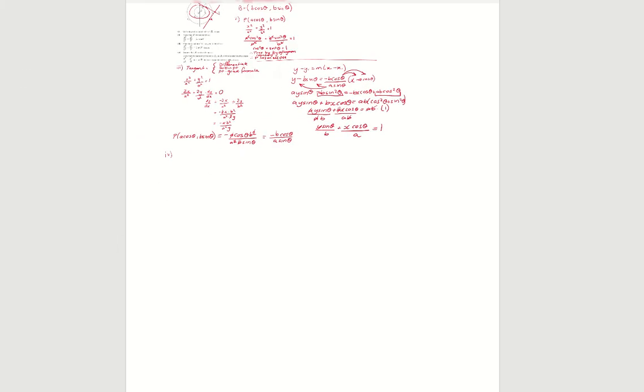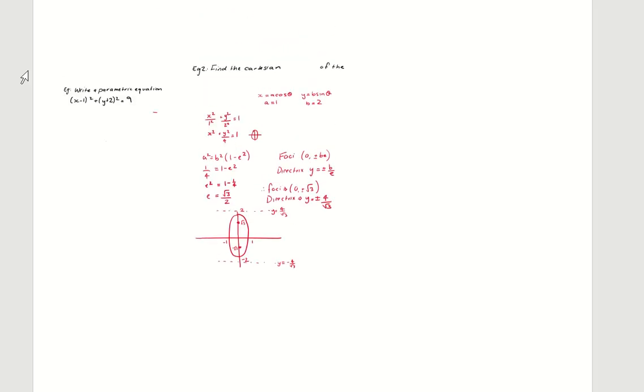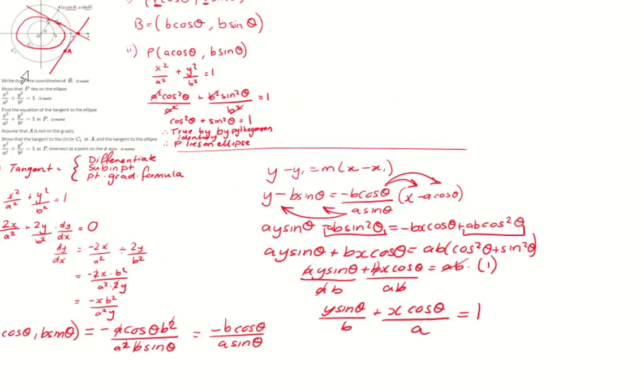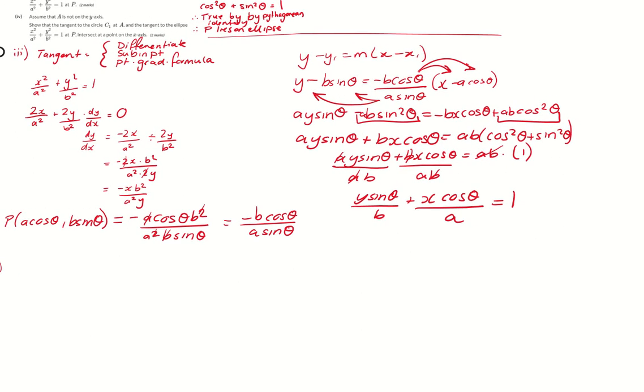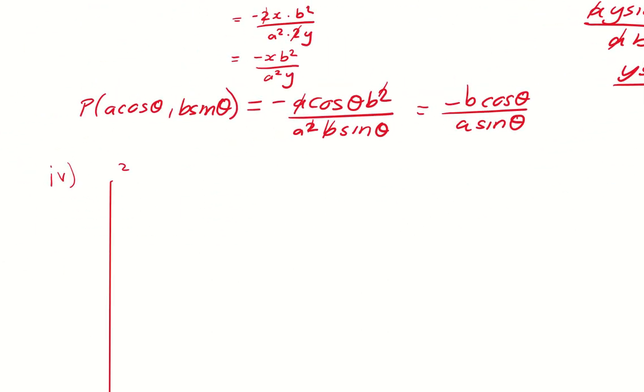Okay, so this is part 4. The equation of that circle is going to be x squared plus y squared, and the radius of C1 is a. So my equation of this circle is going to be x squared plus y squared equals a squared.